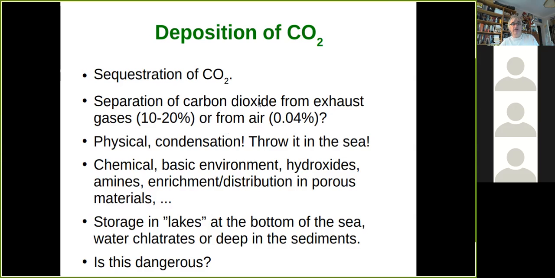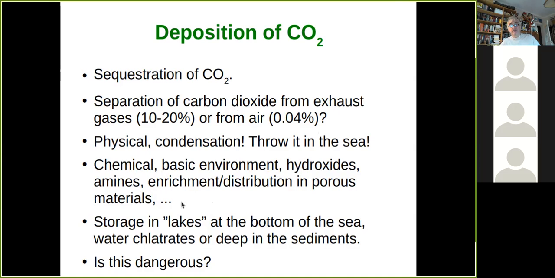There are some processes actually separating carbon dioxide, but that is mostly at the places where it's produced in large amount. For example, at cement factories and fossil fuel power plants and such. You could have a chemical basic environment, sodium hydroxide, let's say, and then you can absorb it.